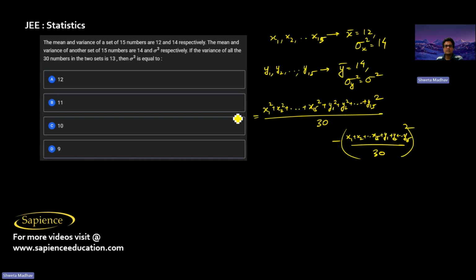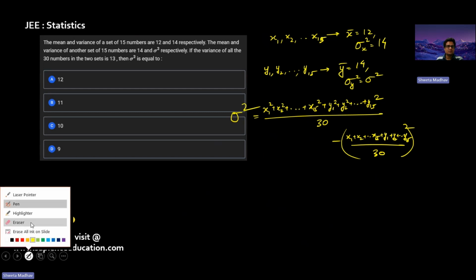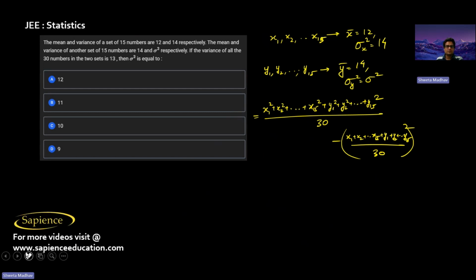That is given as 13. So then sigma square we need to find out.